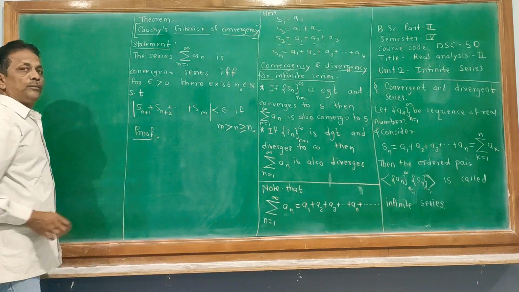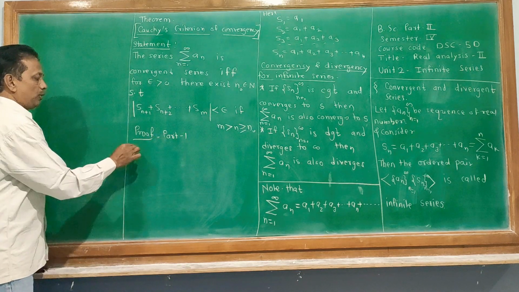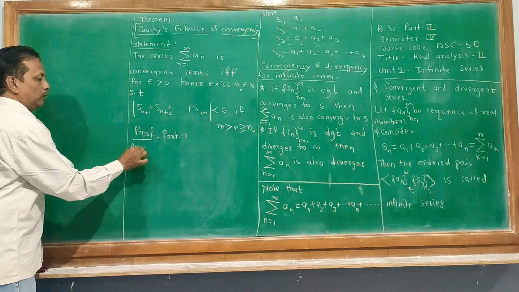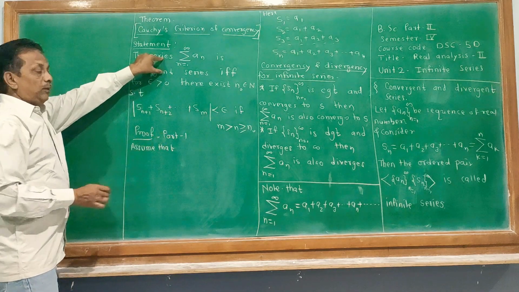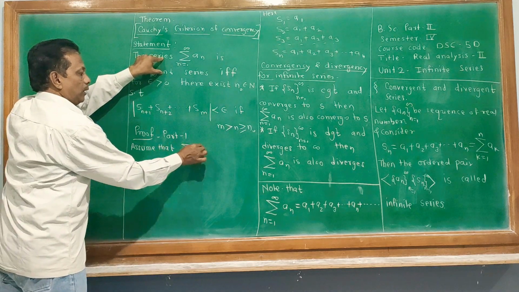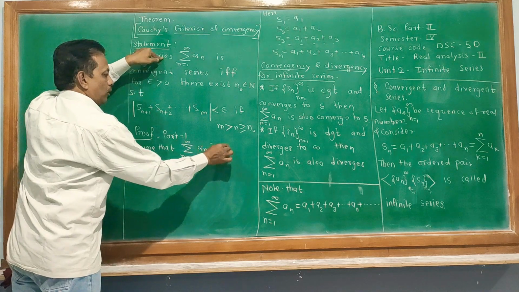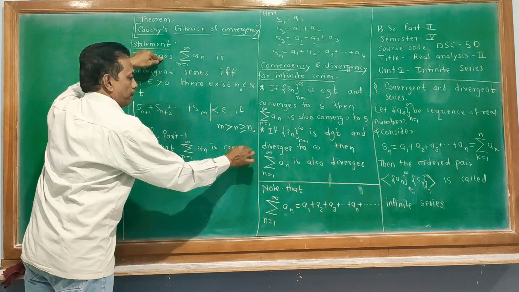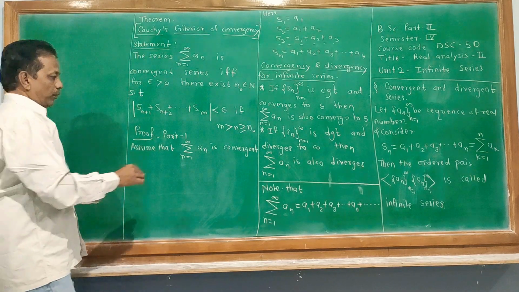Very simple proof. Part 1. Assume that one part. What we assume? We assume that series An is convergent. This series is convergent.